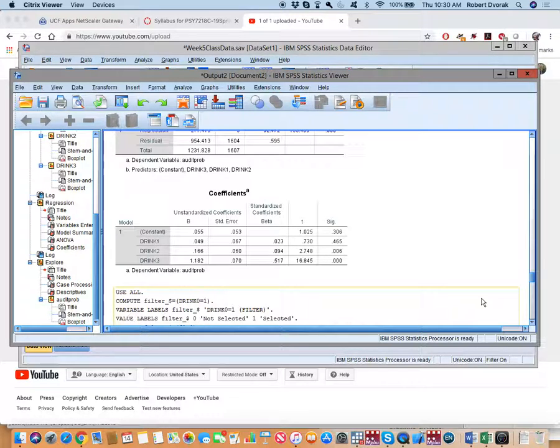What is our mean in drink 1? Oh, 0. Well, mine says 0.049, but nope, that's not the mean. Remember I said that everything in here is in relation to that 0 group? So what is our mean in drink 1?